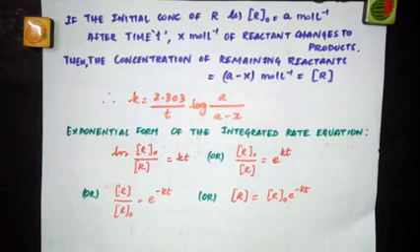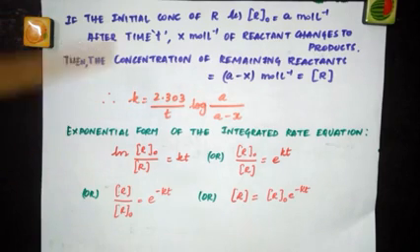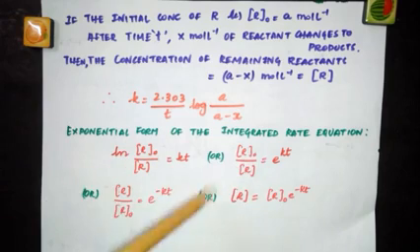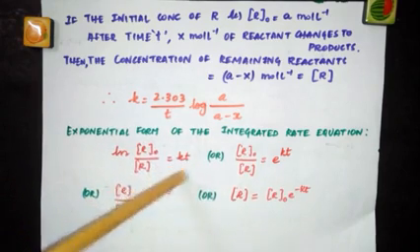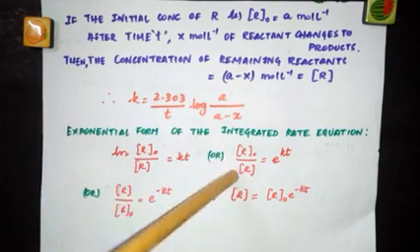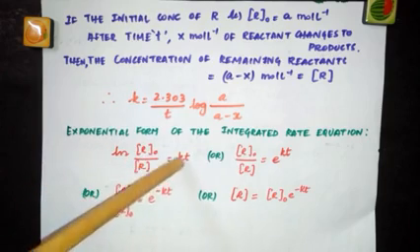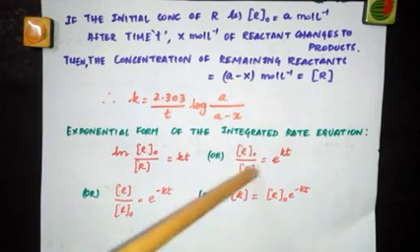We have something called the exponential form of the integrated rate equation. So this equation for the first order can be written in any of these forms. See, ln R naught by R is equal to kt. That is the integrated rate equation of the first order. So this can be written as R naught by R equals e power kt. This is the exponential form.